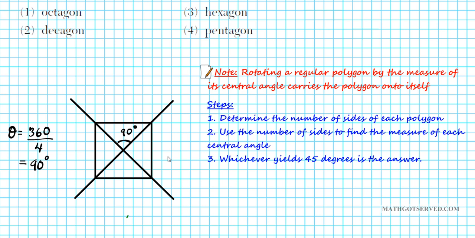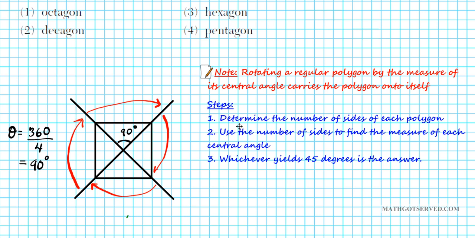So that's what this point here is stating. If you rotate a regular polygon by its central angle, it carries it onto itself. Basically, this vertex ends up in that vertex, this one moves on to the next one, this moves to the next one, and that moves to the next one, and you end up with the same shape that you started with. This applies to all regular polygons.